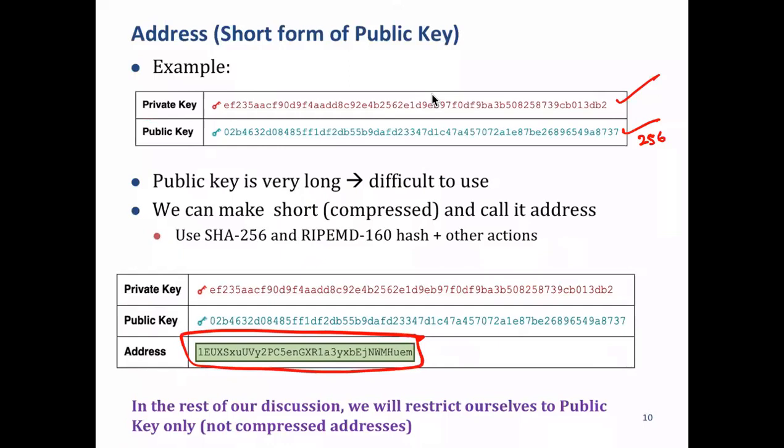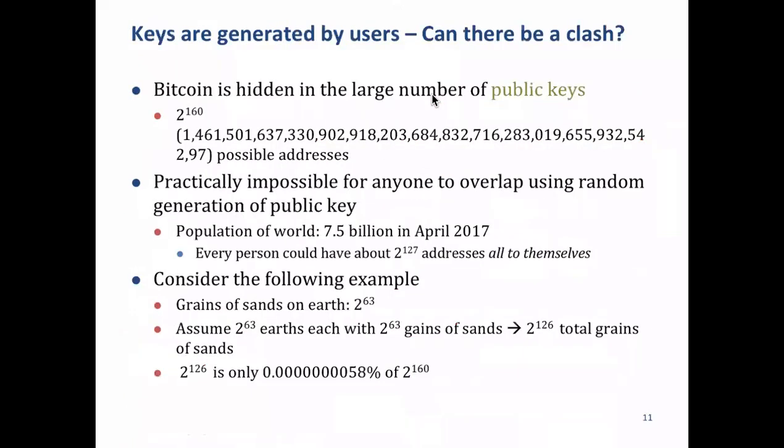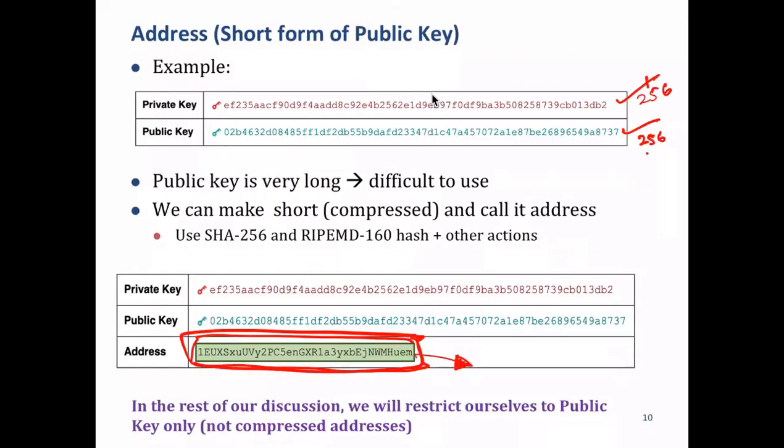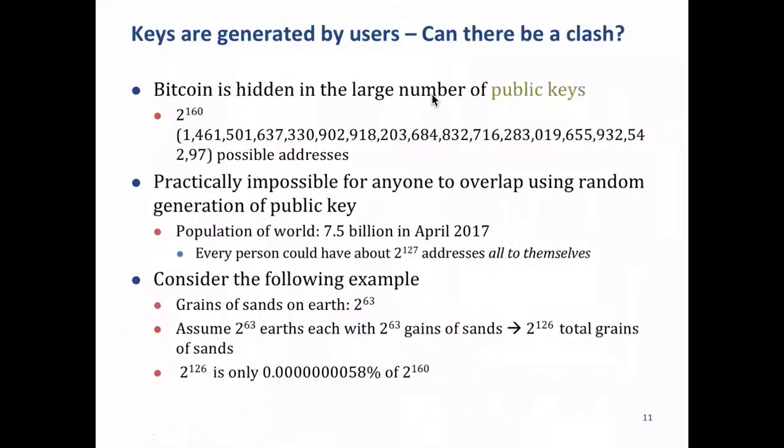In the rest of our discussion, we are not going to consider the short form of the public key address. We will consider that both the private or secret key and the public key are of the same size, which is 256 bits. Now the question that I'm asking is, let's for now consider a public key size of 160, not 256.